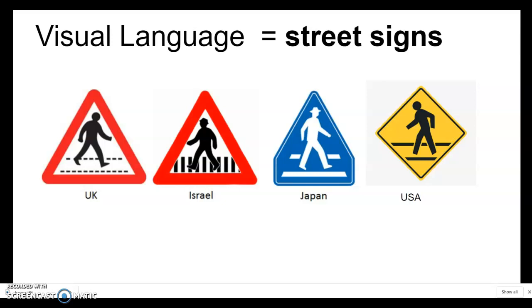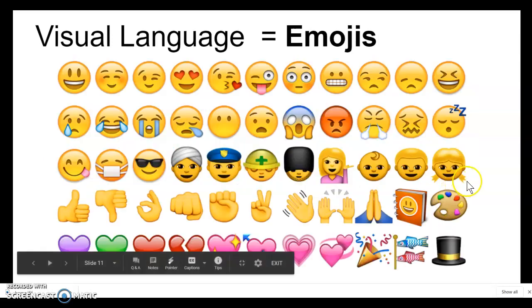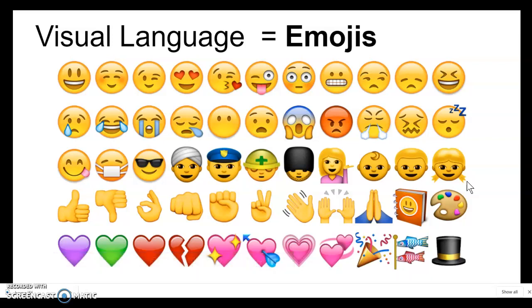Here's some examples from different countries of people crossing the street. We call them pedestrians. Pedestrians are people who are crossing the street. Every language and culture around the world uses visual language, and this is just one example of street signs from different countries. Visual language you might be most familiar with are emojis.